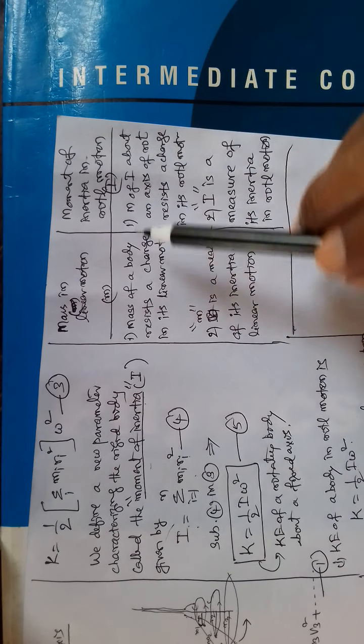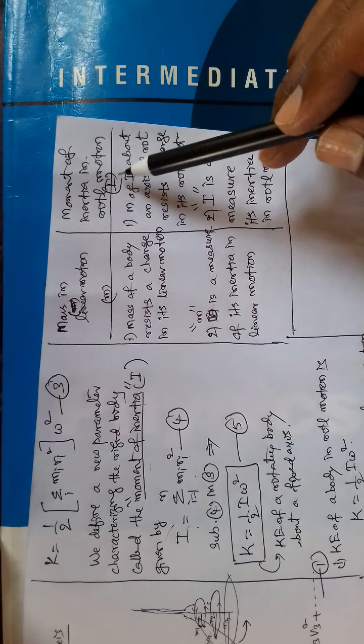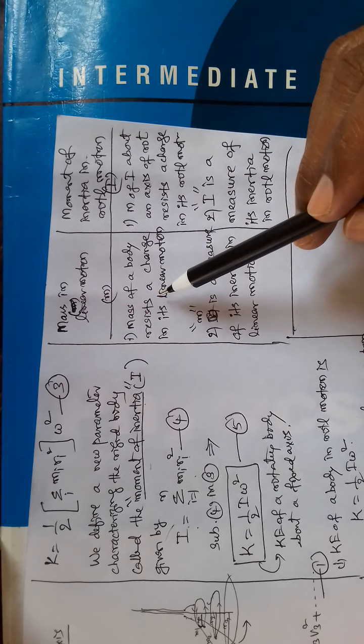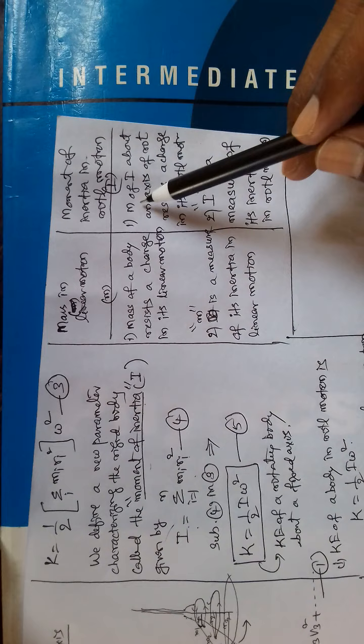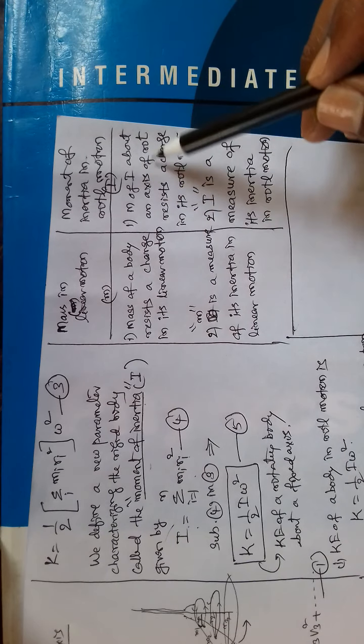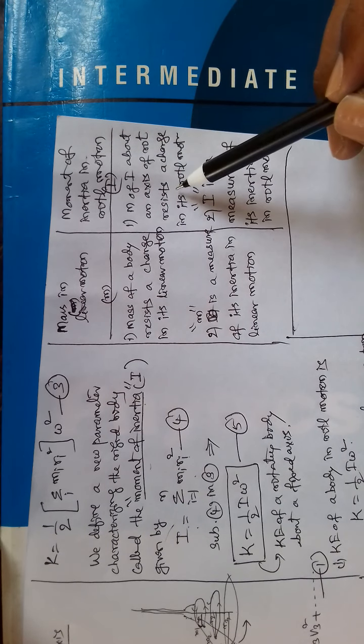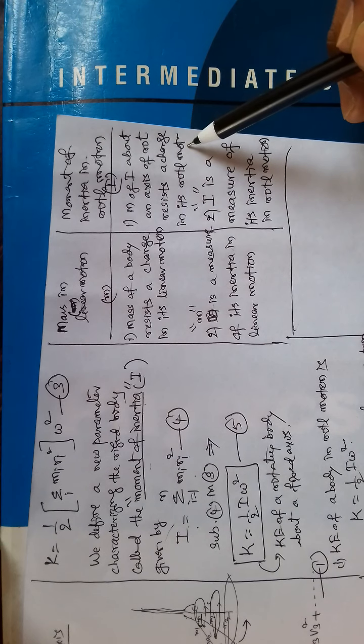That is, we are comparing M and I. Mass of a body resists a change in its linear motion. Moment of inertia about an axis of rotation resists a change in its rotational motion.